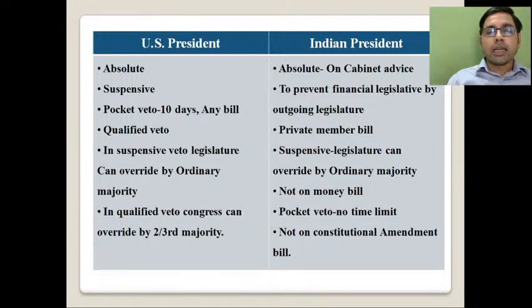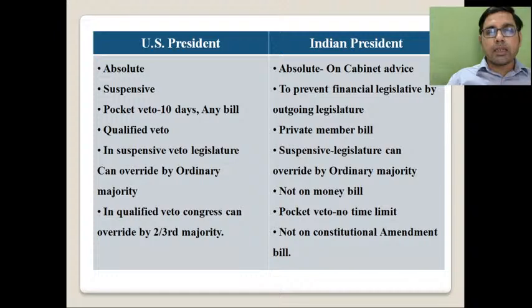Union cabinet. And when will he advise? When the previous legislature, just before completion of its term, has enacted certain financial legislations whose burden will be on the exchequer. After the new government assumes office, they may give advice to the president to exercise veto on such bills, such legislations whose burden will be on the new government.